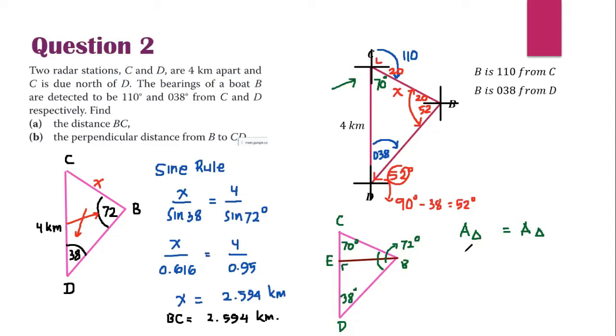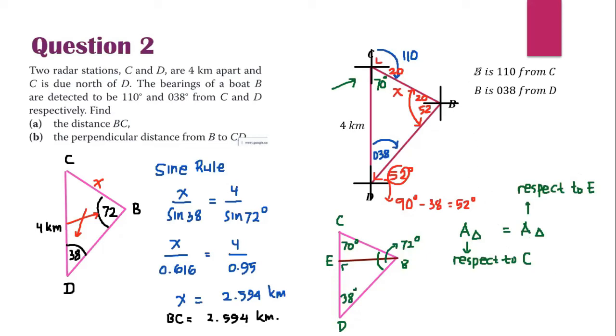The left side is area of the triangle with respect to angle C. And the right side is the area of the triangle with respect to point E. Is it clear to you?